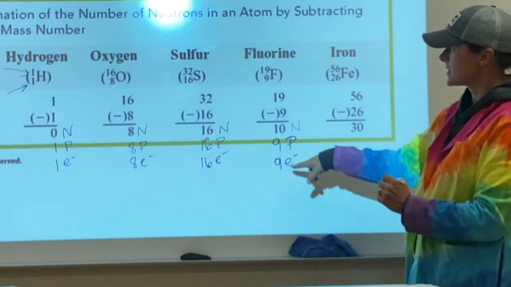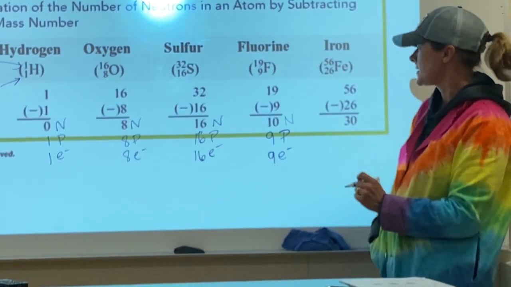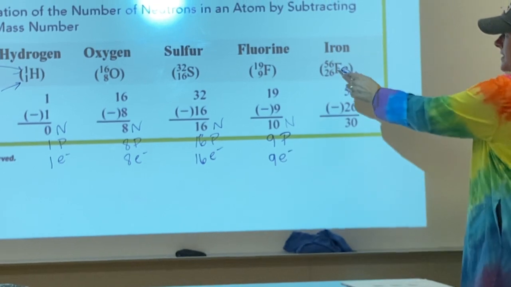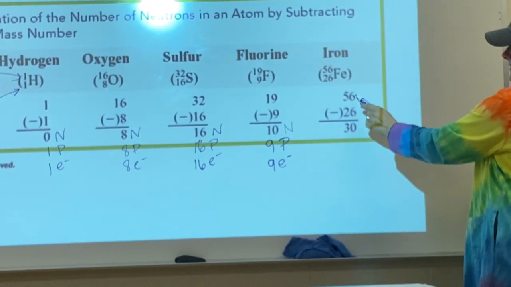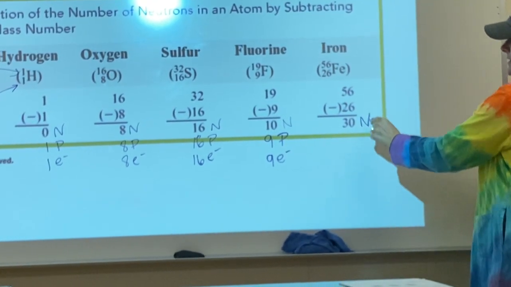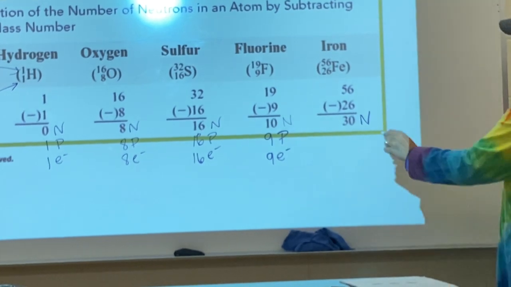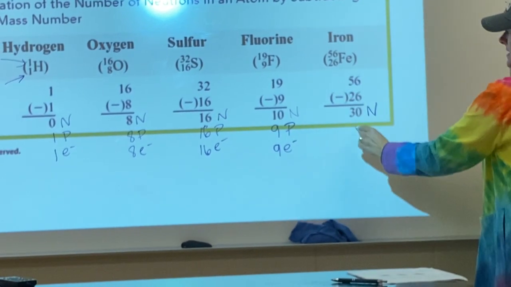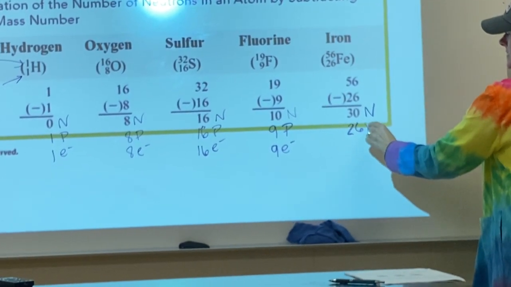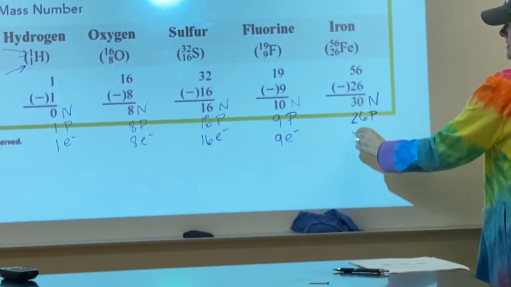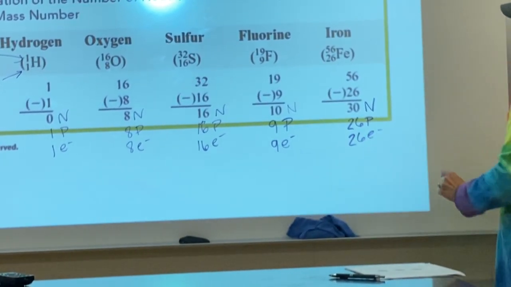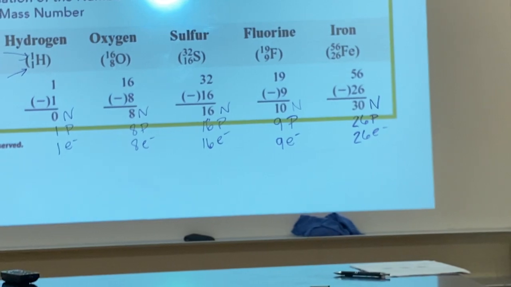So here's an example, kind of like the first one, where they're not all the same. And then this last one, mass number minus atomic number, 56 minus 26, that's my neutron count. My proton count is always going to be my atomic number, so 26 protons, and then 26 electrons, okay?